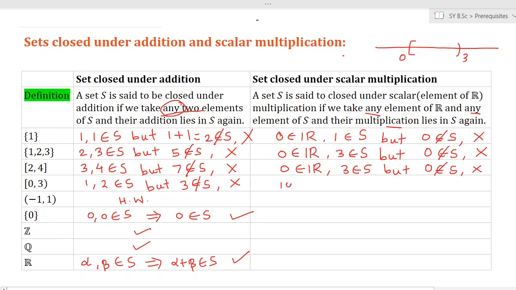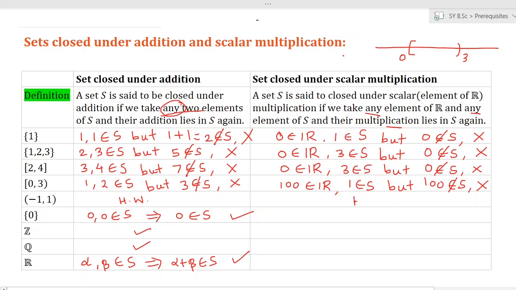So I will pick 100. So for 100 belonging to R, and you can take any element of this set, I will take it to be 1 only, but what is the multiplication? That is 100. So is it present in S? No. So therefore this is also not closed under scalar multiplication.